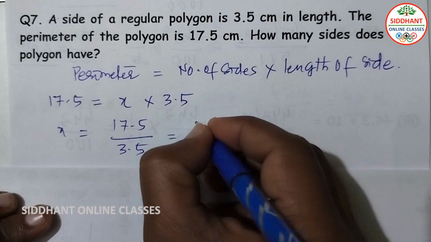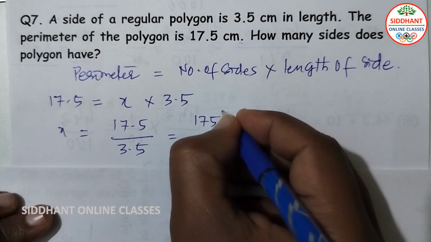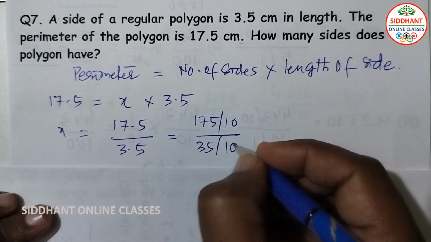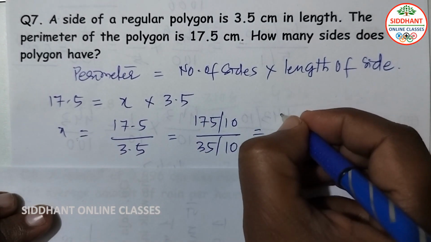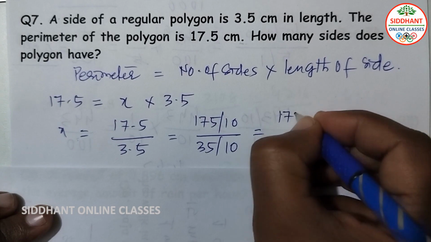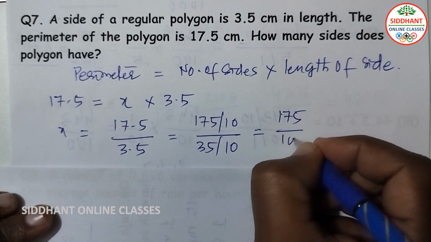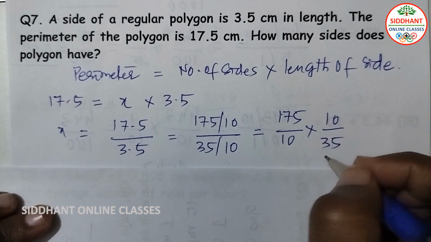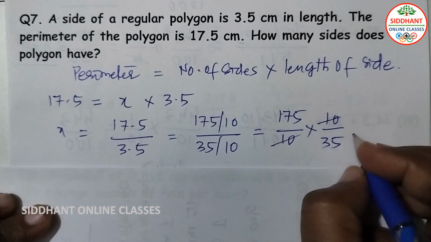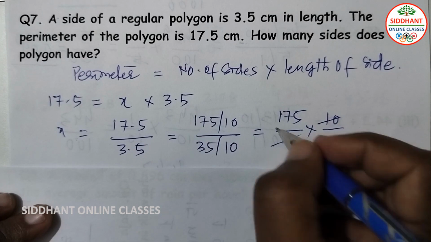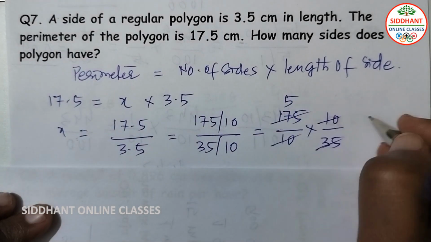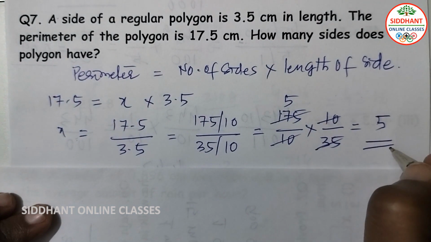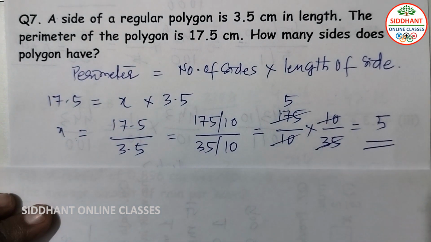So that equals 175 by 10 by 35 by 10, that equals 175 by 10 into 10 by 35. So 10 cancel here and here, 5 times, that equals 5. So number of sides are 5 here.